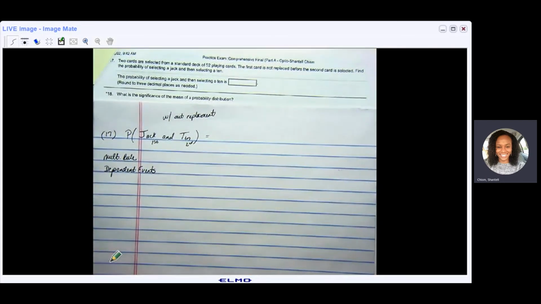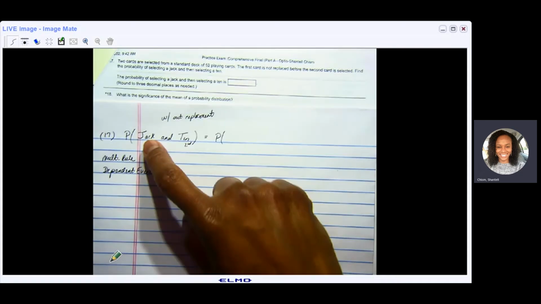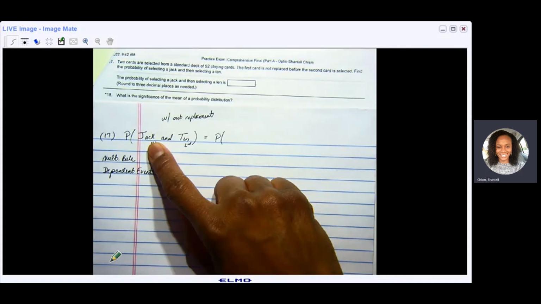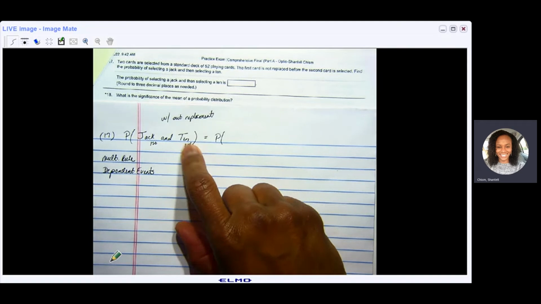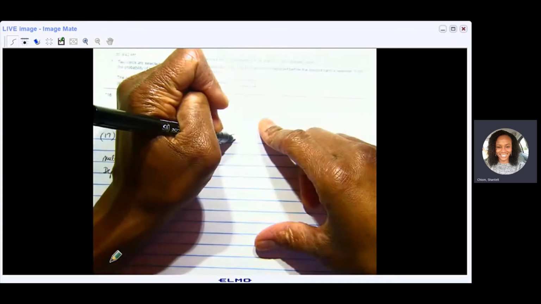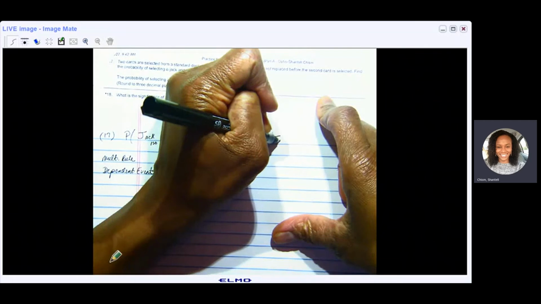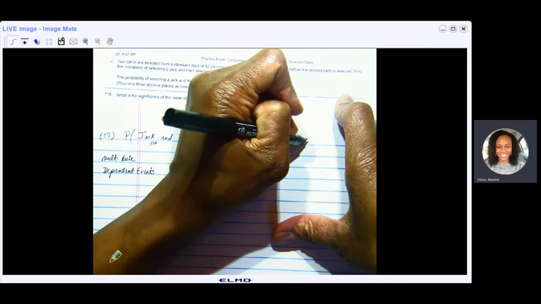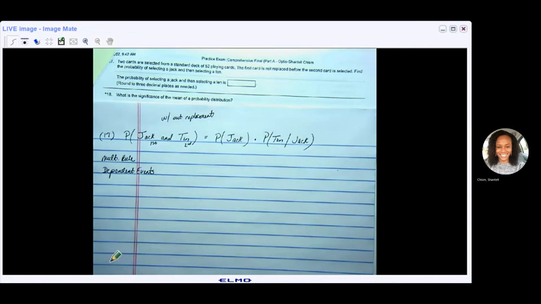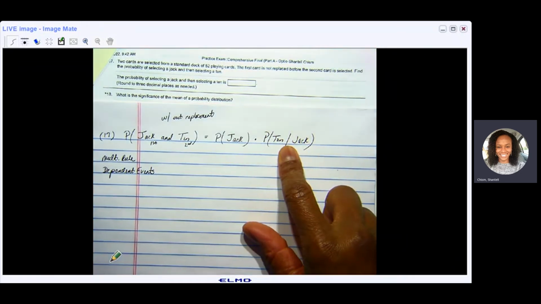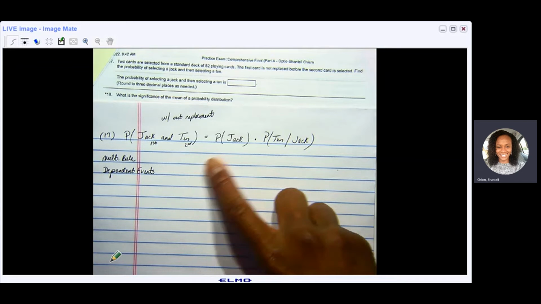Because they're dependent, we have to account for the fact that whatever we pull first will affect the probability for the second card. So probability of selecting a jack times the probability of selecting a 10, given that a jack was already pulled out. Okay? So it is multiplication, but we're dealing with dependent events.